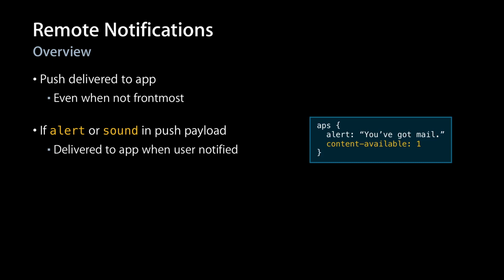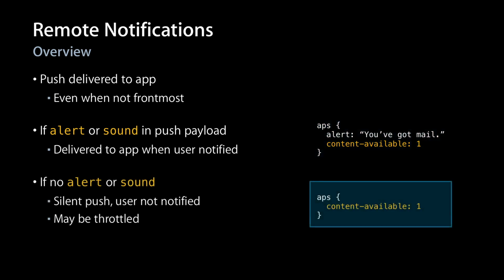Kind of gives you a better opportunity to update in advance of when the user wants the information. But that's not what's really cool about the new additions in iOS 7. A lot of you over the past few years have asked for the ability to send a silent push notification, and that's exactly what we've added in iOS 7.